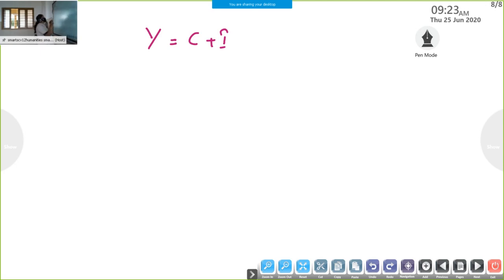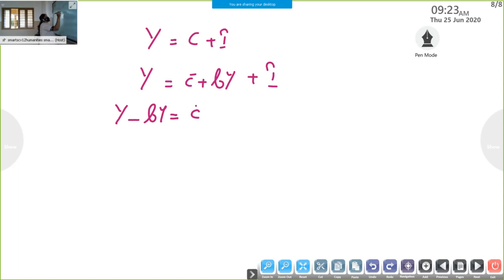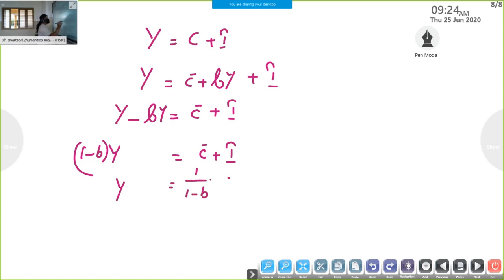By substituting the consumption equation, we get y is equal to C dash plus by plus I. Then modifying, y minus by is equal to C dash plus I. Then 1 minus b into y is equal to C dash plus I. Then y is equal to 1 by 1 minus b into C dash plus I.